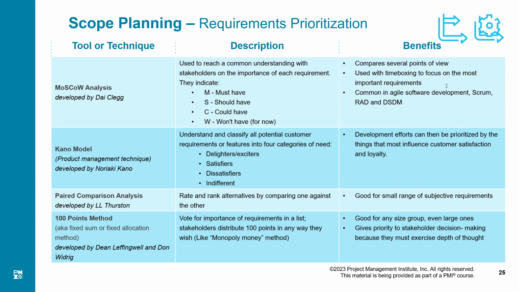So if there are 10 members in the team, and all of them had 100 points to vote, and they have put their votes against the requirements, I will then count all the points given to each requirement, and then I'll prioritize them accordingly. I think this is a more precise method than paired comparison. Got it?